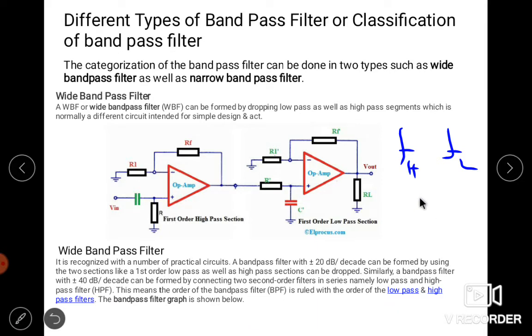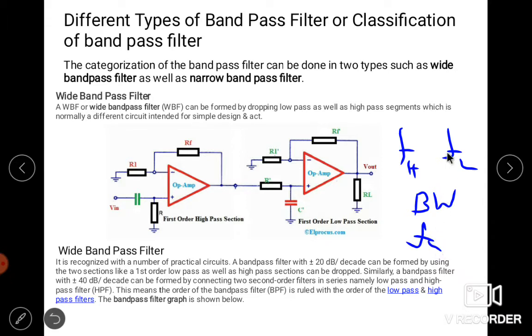We also have BW, which stands for bandwidth, and FC, which stands for the cutoff frequency.